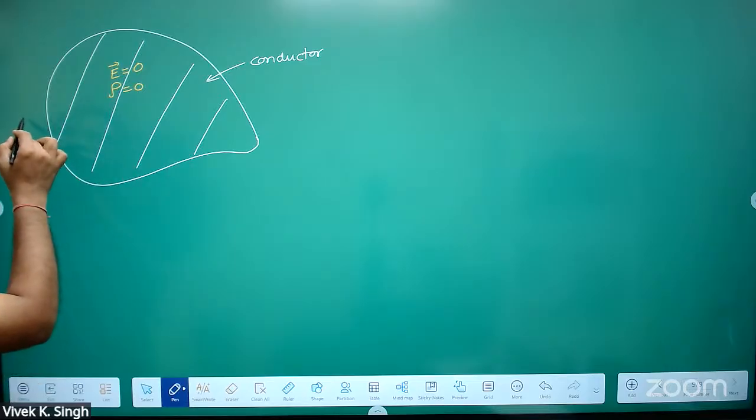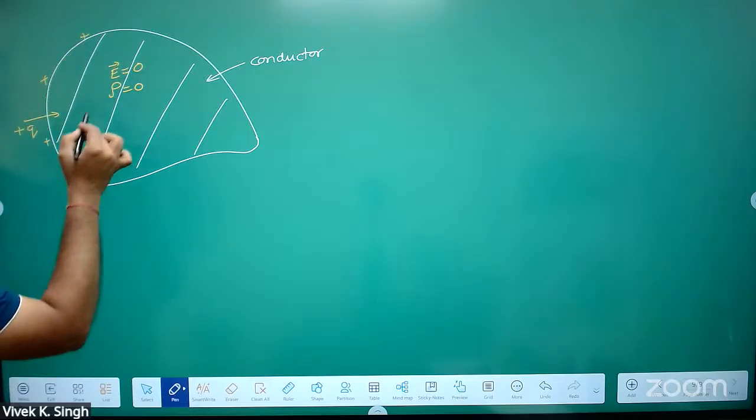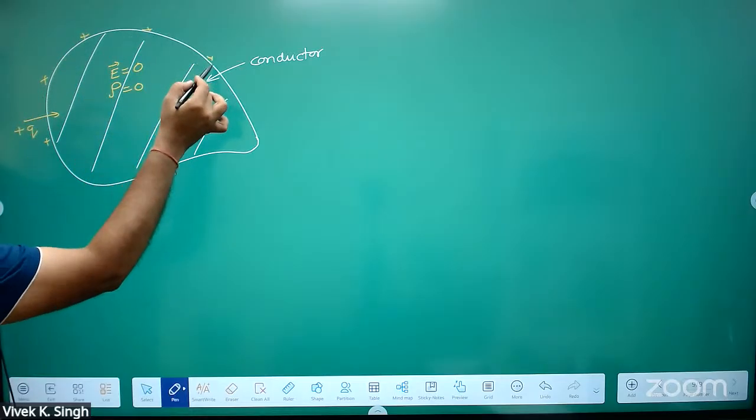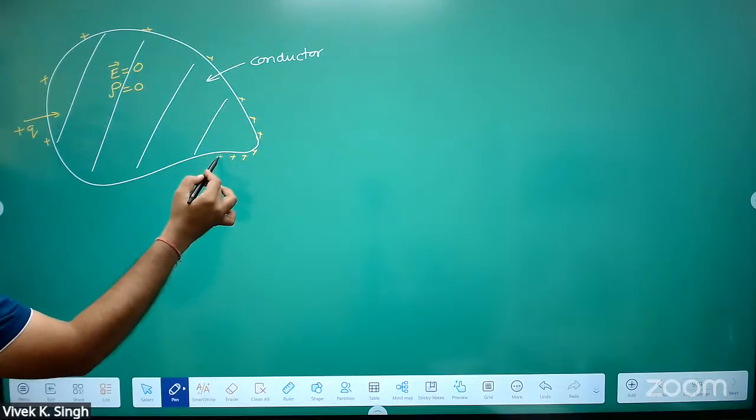Let's say you give a plus Q charge to this conductor. This plus Q charge will distribute over the surface only, and it will be distributed unsymmetrically.